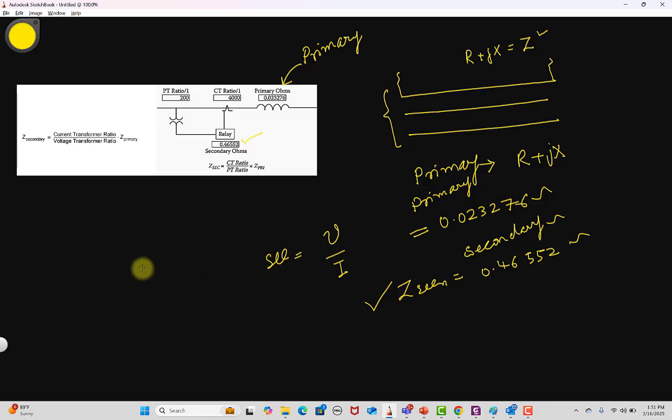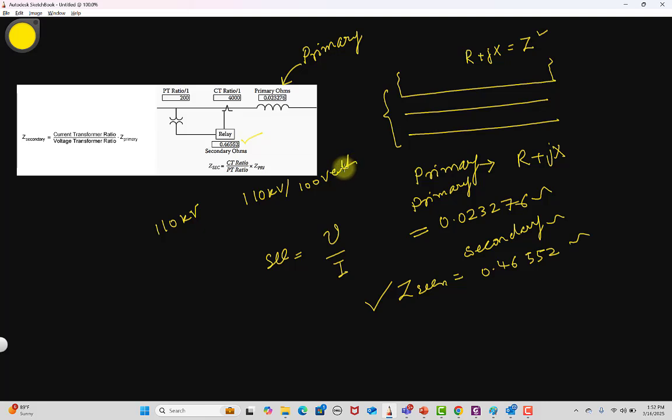For example, if the primary side voltage is 110 kV and we have a VT ratio installed of 110 kV by, for example, 100 volts.